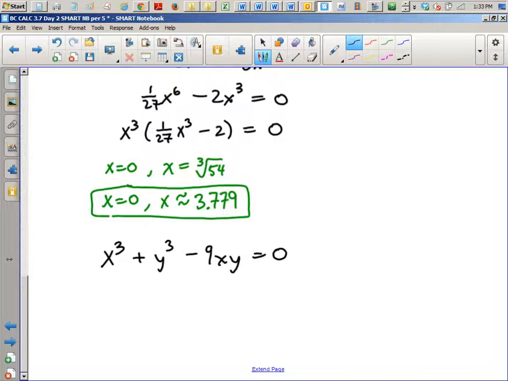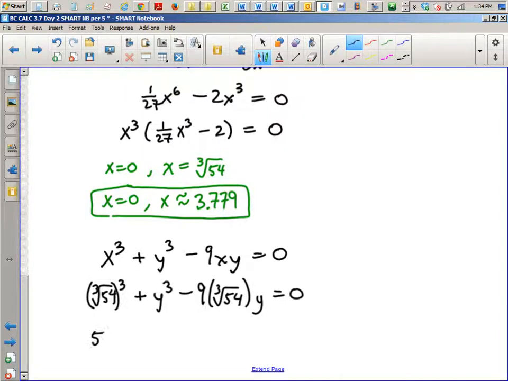So it's basically the cube root of 54 cubed plus y cubed minus 9 times the cube root of 54 times y is equal to 0. And this gives me 54 plus y cubed minus 9 times the cube root of 54 y equals 0.